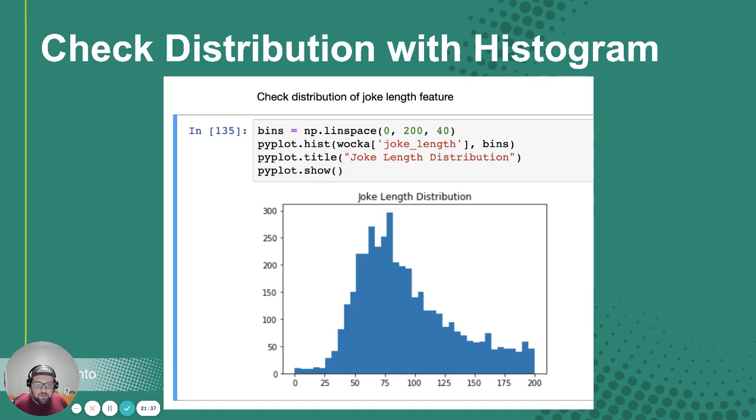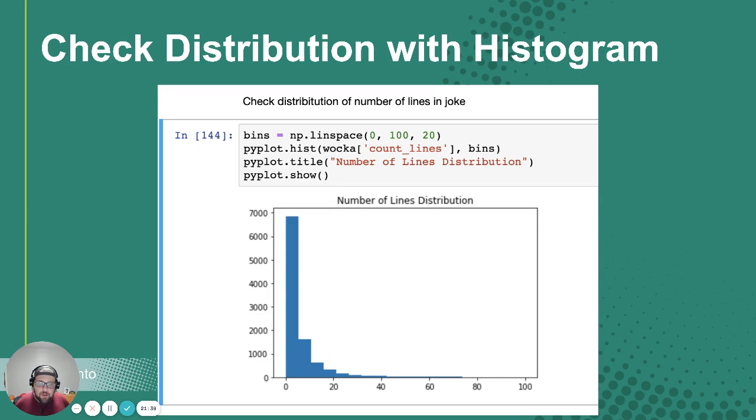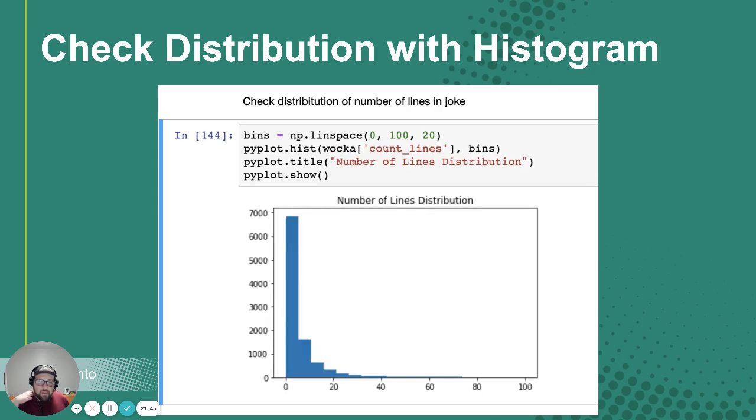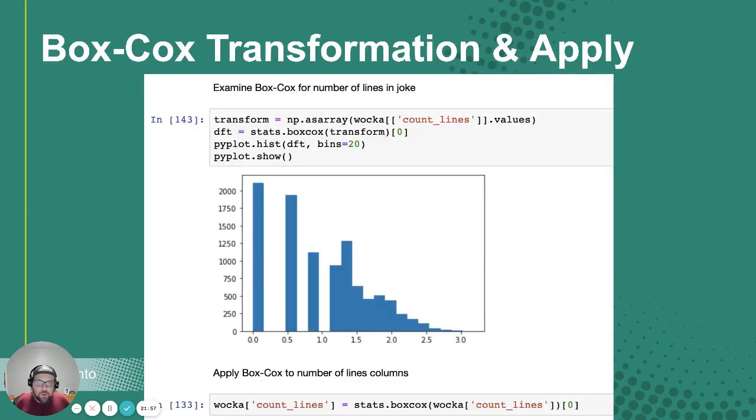It's slightly skewed to the left, but not bad compared to this one, which is very, very skewed to the left, which is the number of lines in a joke. Most jokes tend to be shorter. This is all over the place.